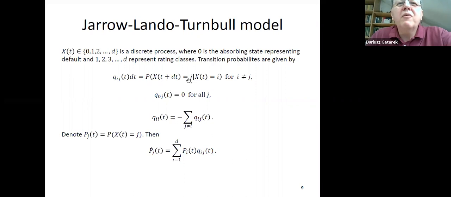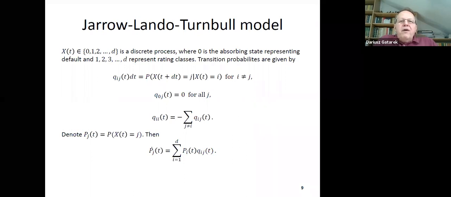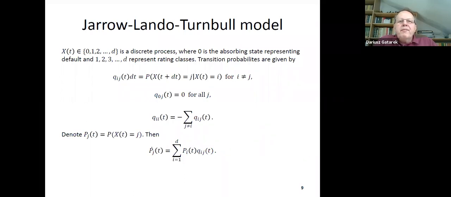And they satisfy all the usual conditions for discrete Markov chains in continuous time. We may do it in discrete time as well, but it doesn't bring anything.